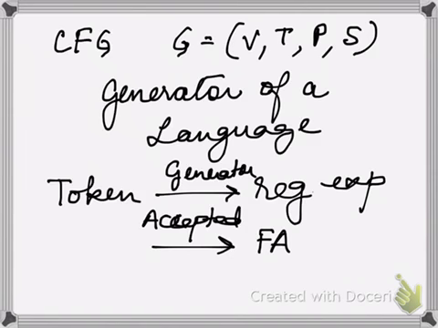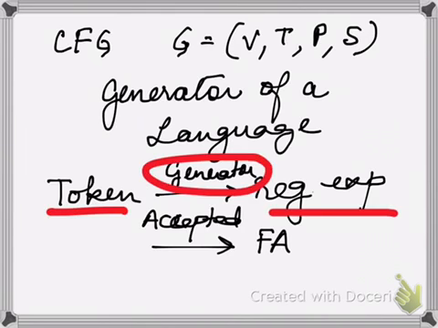So for tokens the generator was the regular expression and the acceptor was the finite automata. Similarly, in the case of context-free languages, we have the same.